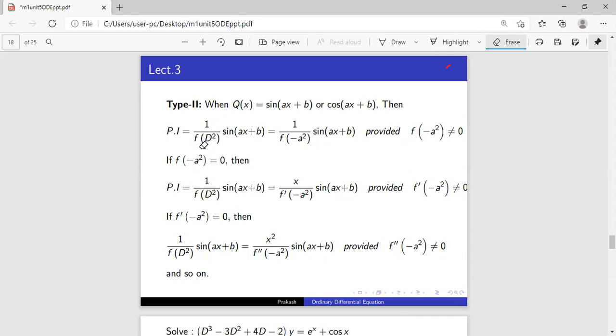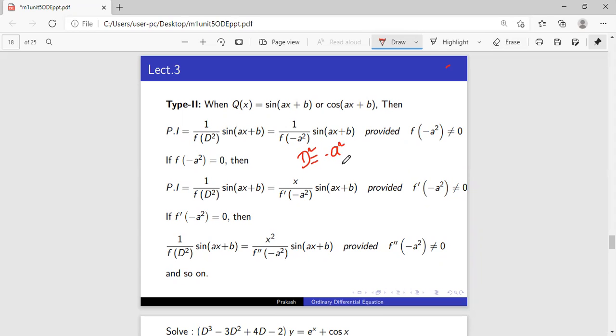So this is nothing but, wherever D² appears, you replace it by -a².